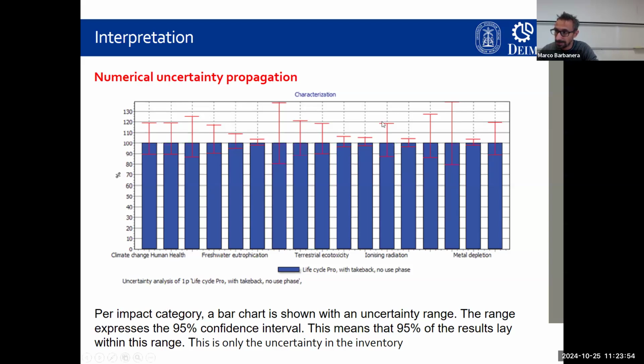If the bar is large, as in this case, the meaning is that your result for this impact category will not be very good. On the other hand, for other impact categories with a strict range, you can consider that this result has an optimal quality.